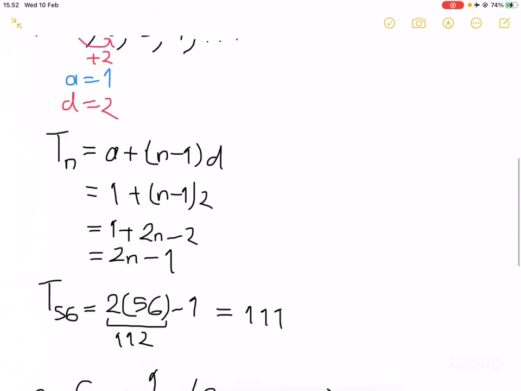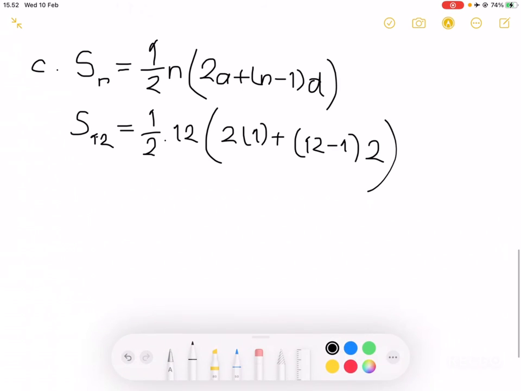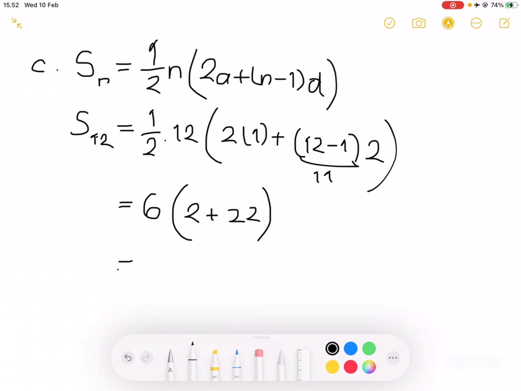Yep, double checking, there we go. The front expression will become 6, the inside will become 2 plus this will be 11 times 2, that will be 22. This will become 6 times 24, or this will be equal to 144.